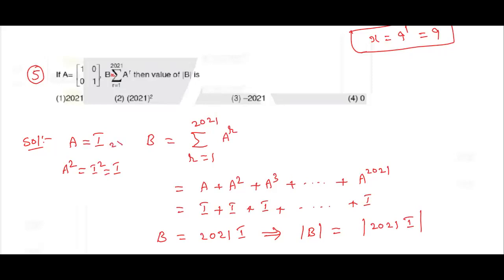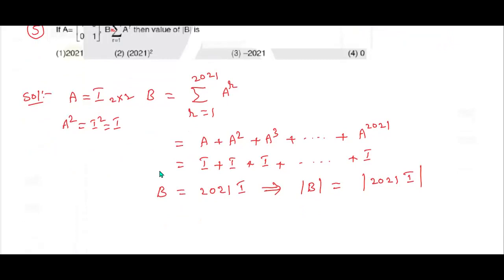A is equal to I, 2 by 2 matrix. Then 2021 constant, now take outside, we get 2021 whole square into determinant of I, determinant of identity matrix 1. So answer is 2021 whole square. Which option correct? Second option correct.